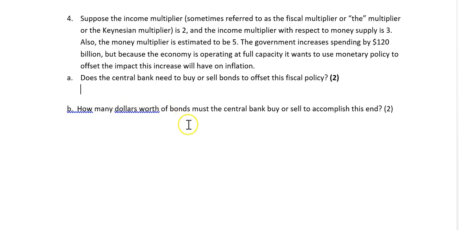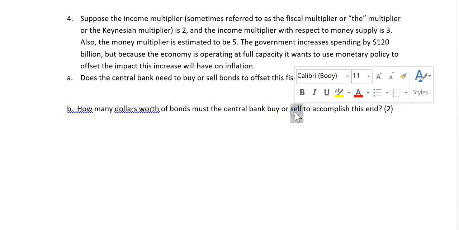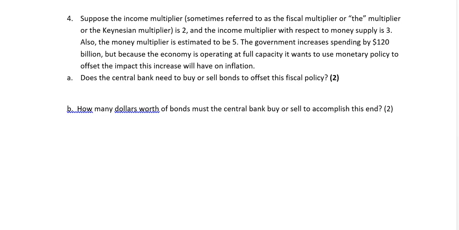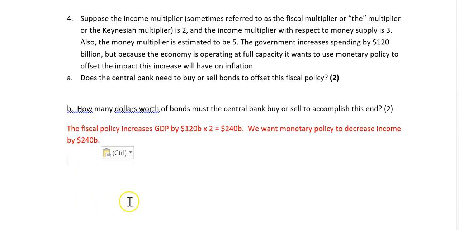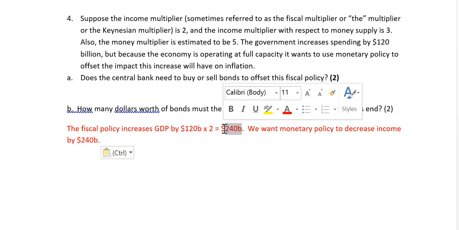So, how many dollars' worth of bonds must the central bank buy or sell to accomplish this end? We've already established that they must sell bonds. Now, how much? The fiscal policy increases aggregate demand by 240 billion.